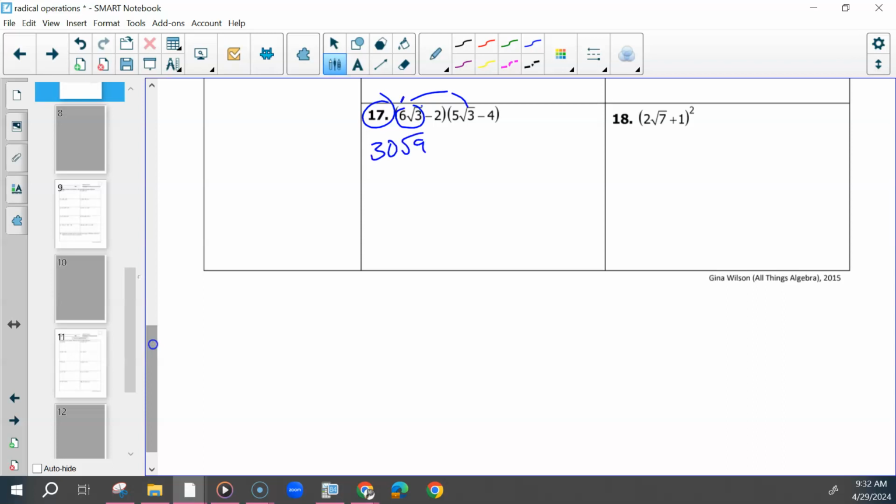And then 6 root 3 times negative 4. Negative 24 times the square root of 3. Negative 2 times 5 root 3. Negative 10 times the square root of 3. And then negative 2 times negative 4 is just positive 8.